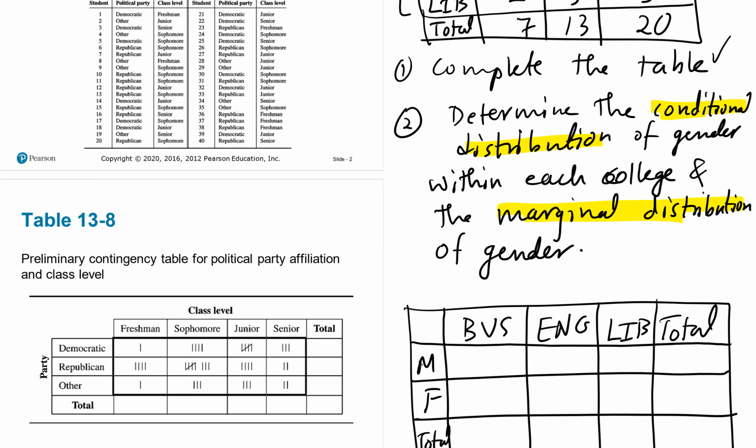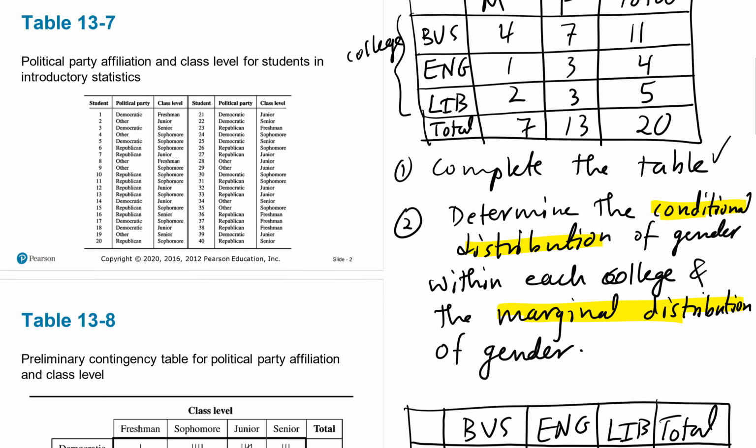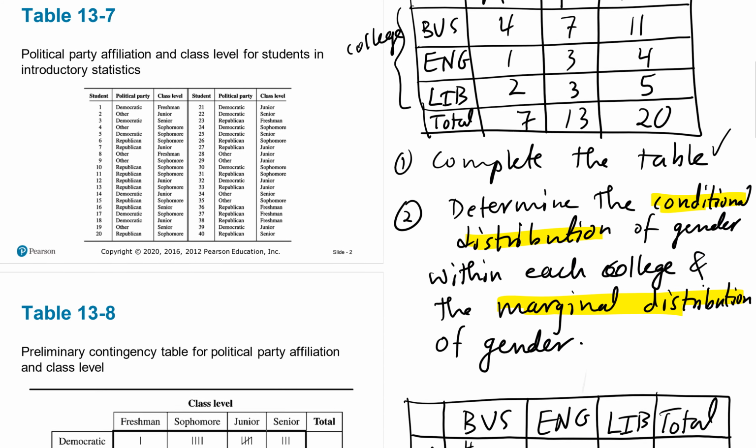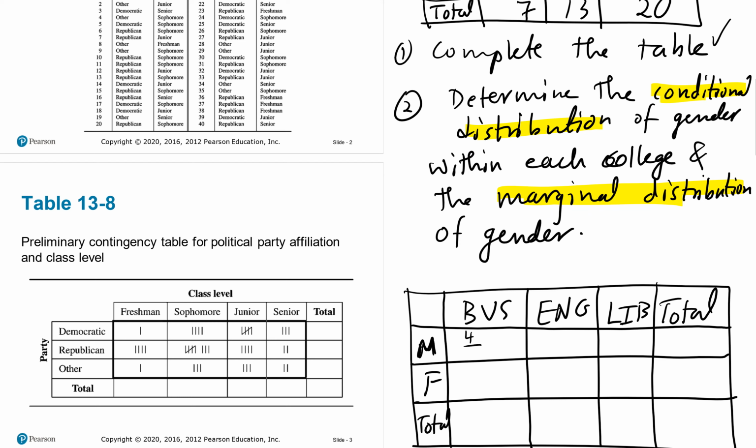It says per gender, so I'm going to go with the male first. In the business, how many males were there? We have 4 males divided by the total. The total in the business is 11 in the first row.